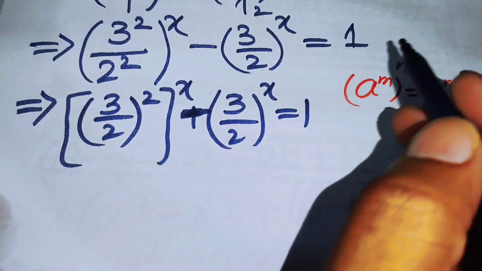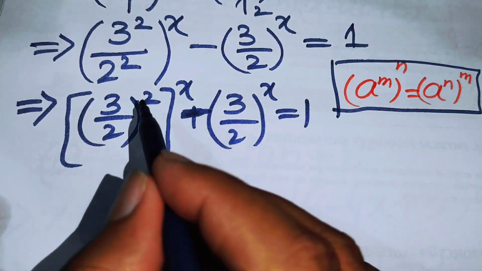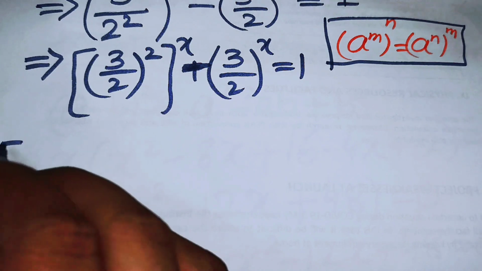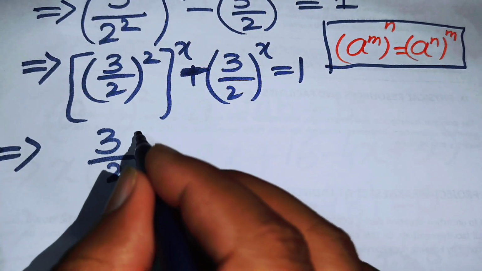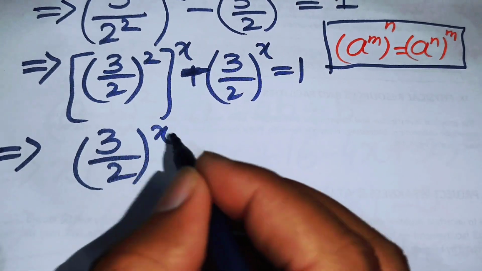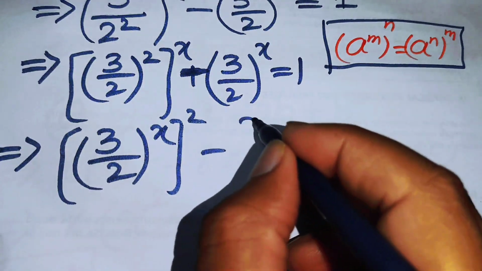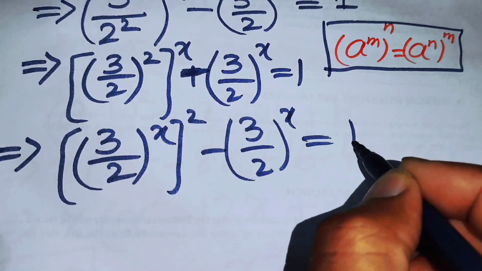And now we can apply this exponential law, and we just exchange these exponents so that it becomes 3 over 2 to the power of x and its whole square minus 3 over 2 to the power of x is equal to 1.